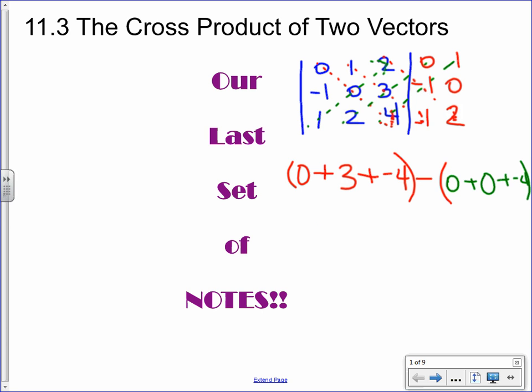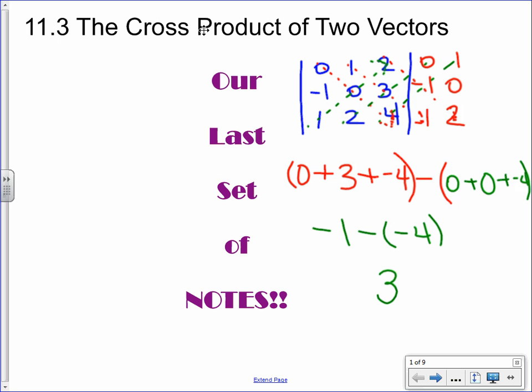So we have -1 minus -4, which is 3. Okay? That is how we find a 3x3 determinant. Criss minus cross. All right? We'll do it plenty of times, so that you will remember by the end of the day.